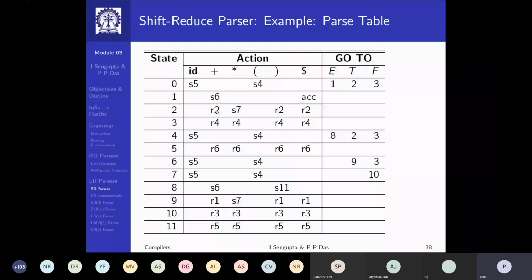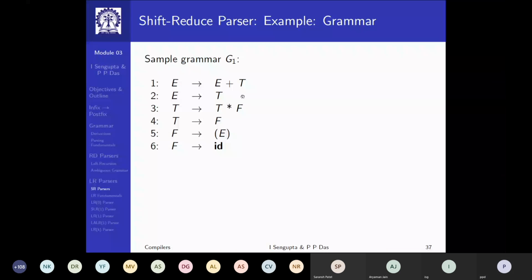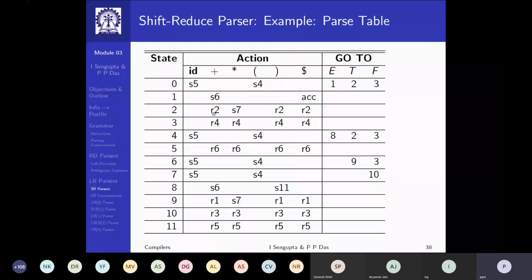Which means that on the top of the stack, you should be able to see the right-hand side of this production rule. So if it is R2, then the top of the stack would be the symbol T. I should be able to reduce by that, which means that I take out that T and put in the left-hand side symbol E.